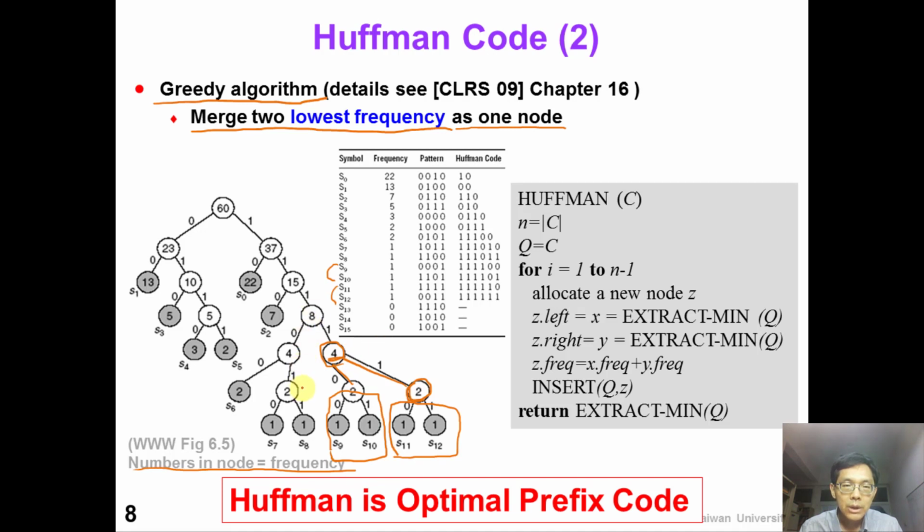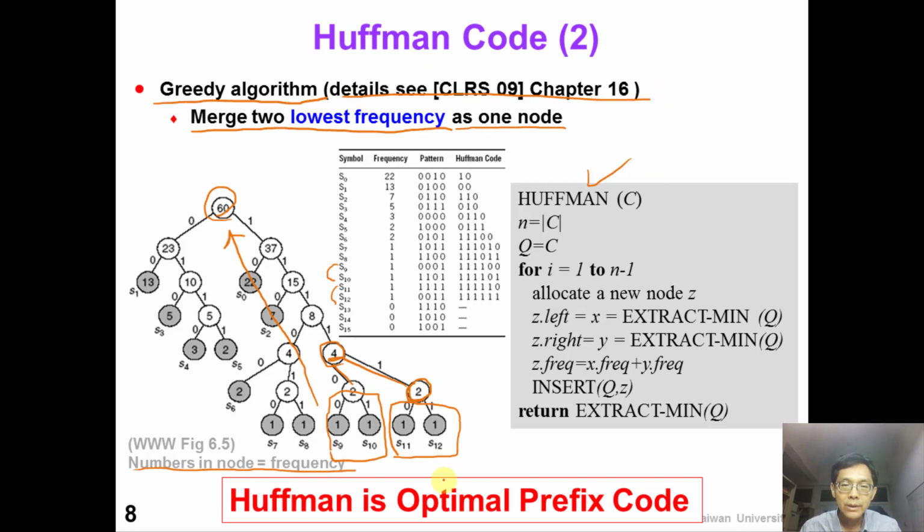We can gradually construct this tree from the bottom up. On the top of the root, we have a total frequency of appearance, which is 60. On the right hand side, we show the pseudocode of Huffman compression. If you want to know more detail, please see the textbook.